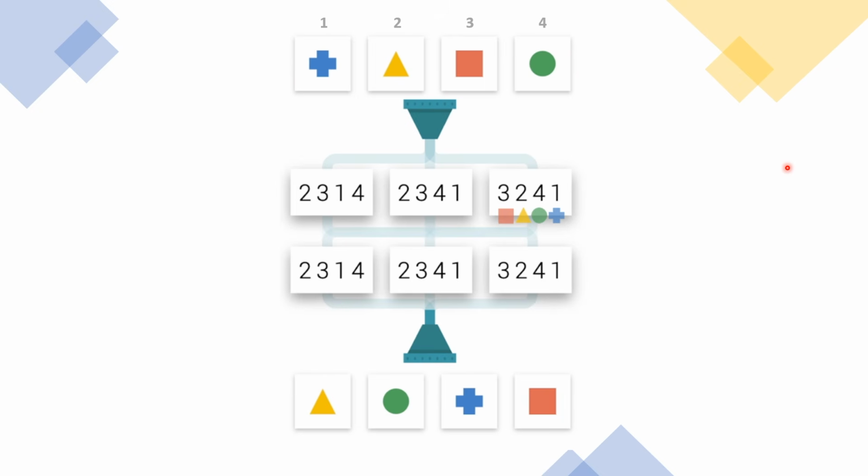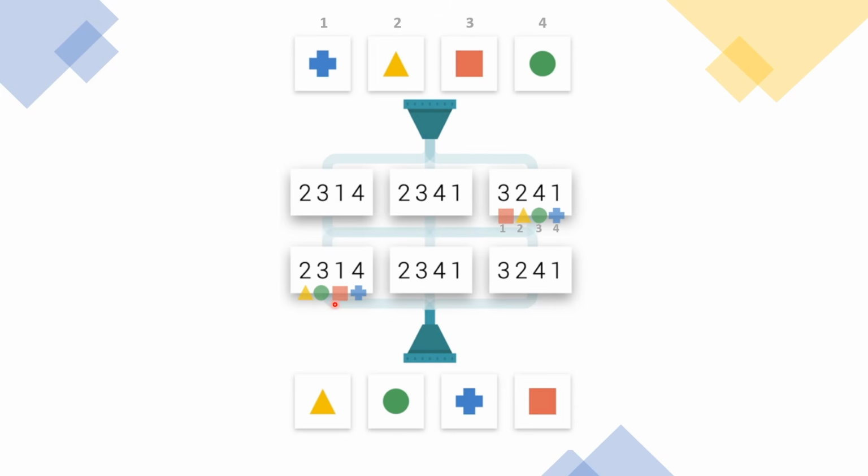And as always, we give this new set of shapes the numbers, so we're working around those, and then we start solving each one of these. 2 is the triangle, 3 is the circle, 1 is the square, and 4 is the cross.